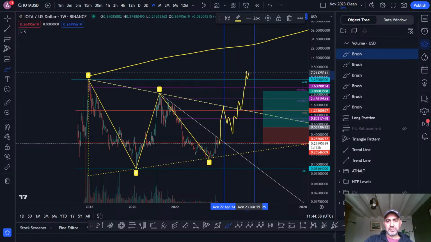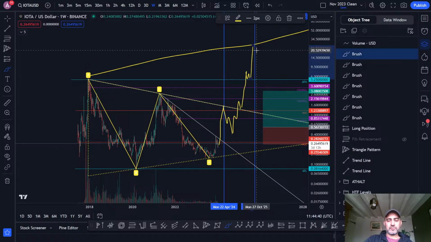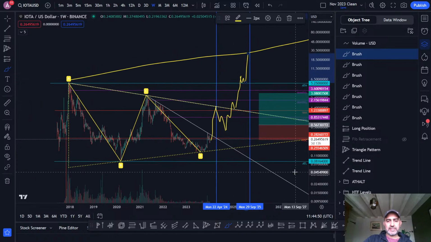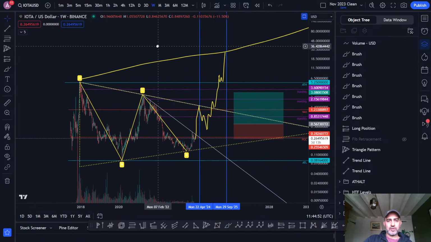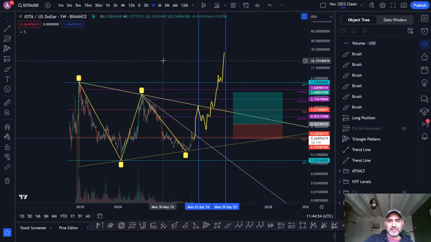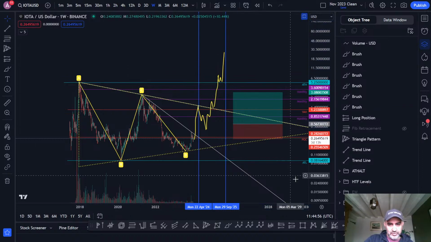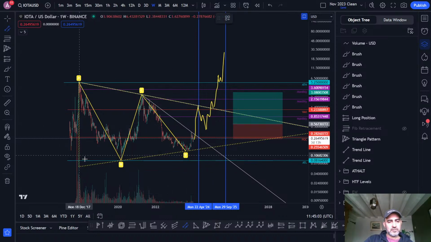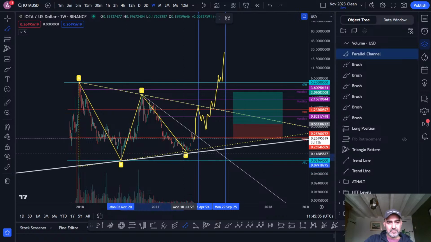Then we have another correction, maybe a flat, and it goes, I mean, that's potentially what you're looking at within these two blue lines. So obviously the way to do it isn't the way I've done it, which is draw this stupid line. It would be to use the parallel channel to mark out these two lows. I'll do it roughly.